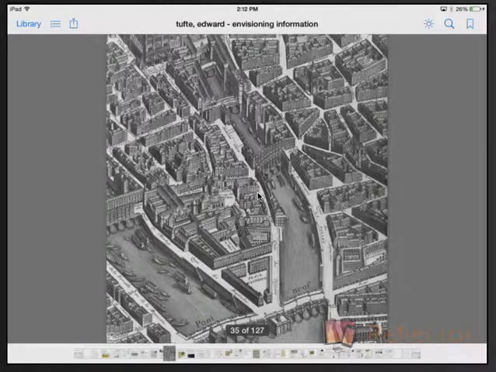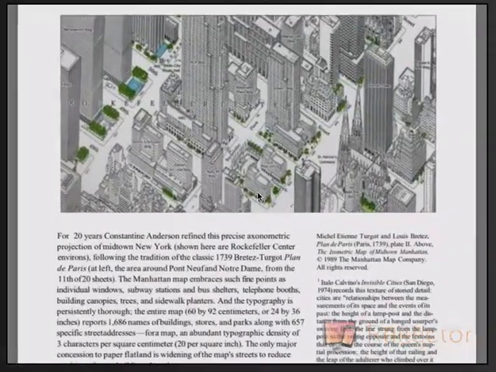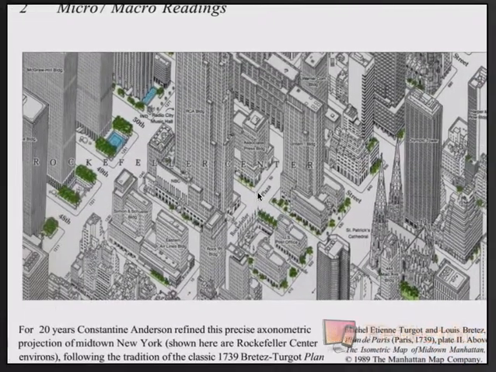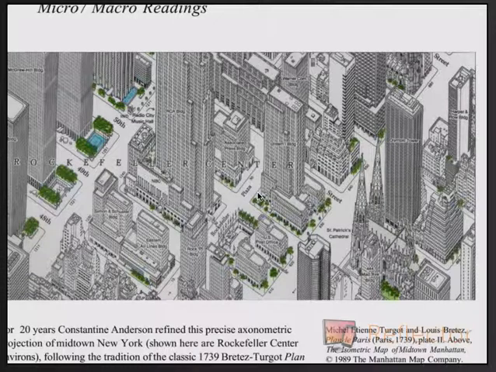The first chapter is called the micro-macro technique, which is where you take a great deal of information, the details in particular, and put them in a format where you don't lose the overall picture. This is a picture of Midtown Manhattan where there's a lot of detail in the windows, the trees, what the front of the buildings look like, the structure of the buildings.